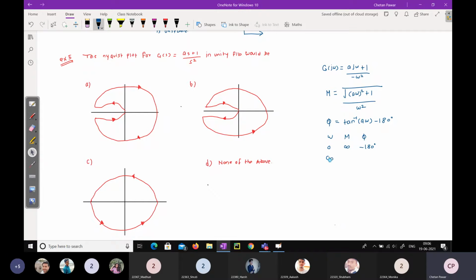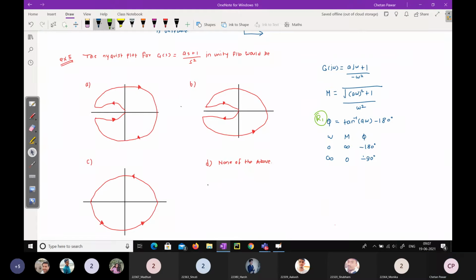At omega equal to infinity, the magnitude is 0. And the phase: tan inverse infinity is 90, so 90 minus 180 is minus 90 degree. So this will be the mapping for region first in a Nyquist contour.